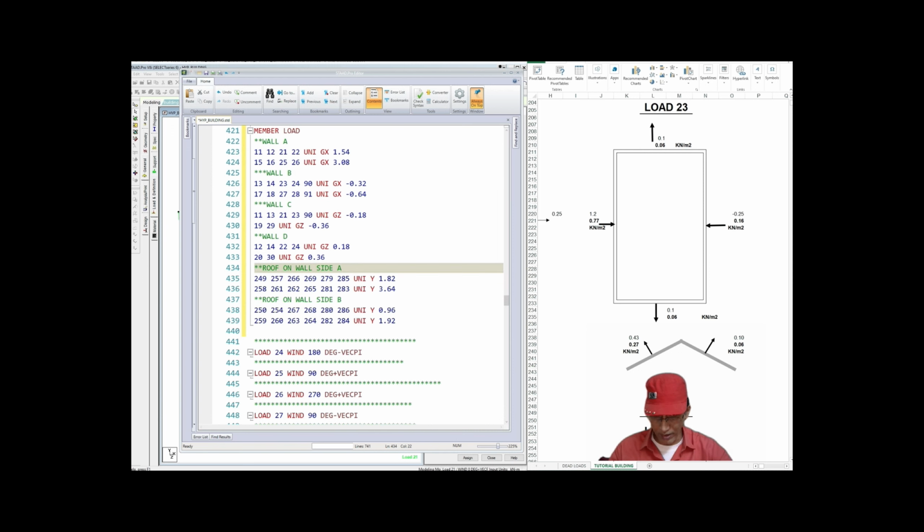Now roof on the wall side A, 0.27 into 2 for gable side rafter is 0.54. And 0.27 into 4 is equal to 1.08 for intermediate rafter, where 4 is the typical width.